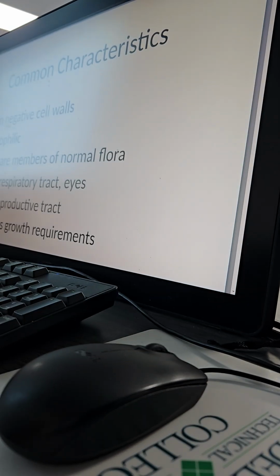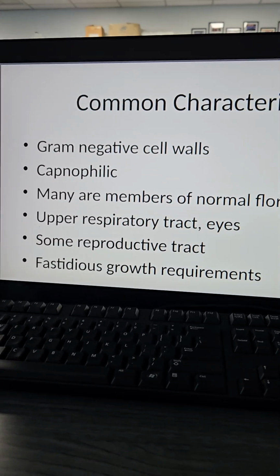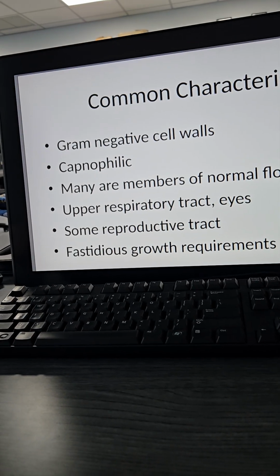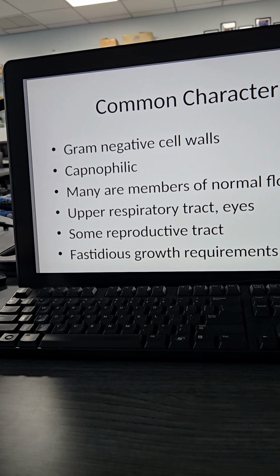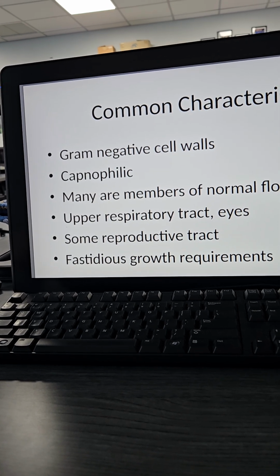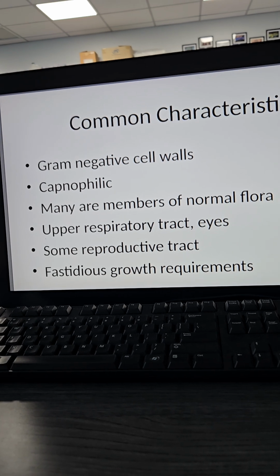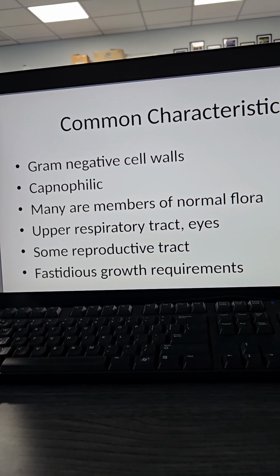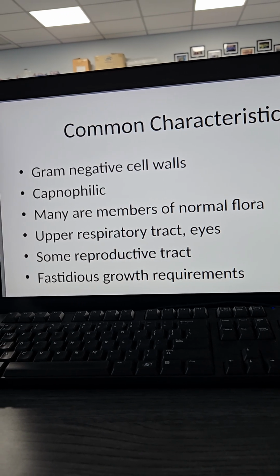So, common characteristics. Gram-negative, capnophiles. Many are part of our normal flora. Neisseria gonorrhoeae should never be part of your normal flora, but all the other things could be.